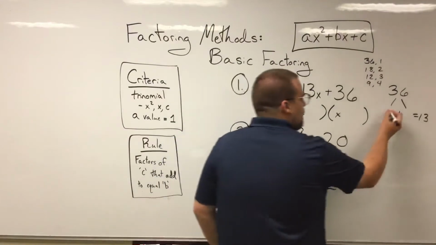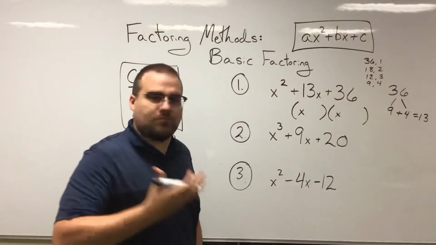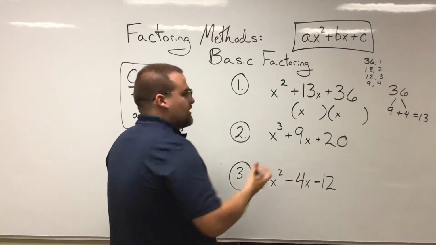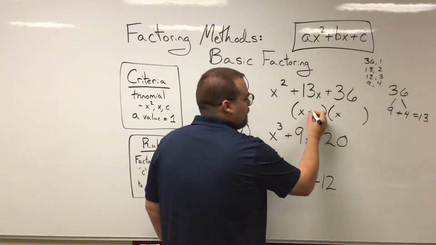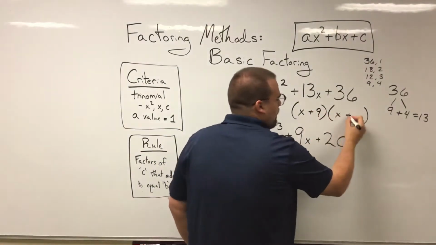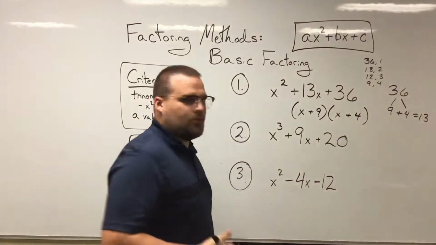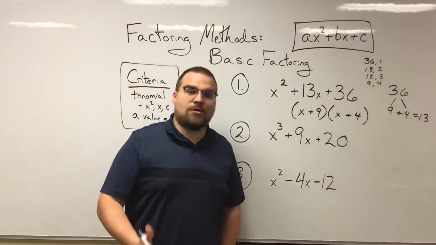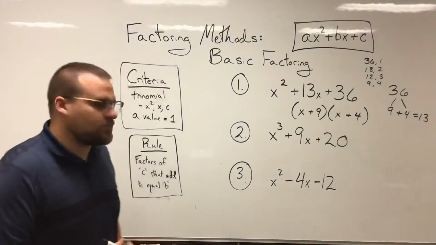So they meet both of the criteria for us to use them in our binomial. Since it is a positive 9 and a positive 4, we're going to go ahead and write those in on our binomials, x plus 9, x plus 4, and we have our answer. We're done with that problem. Simple as that. Let's take a look at number 2.